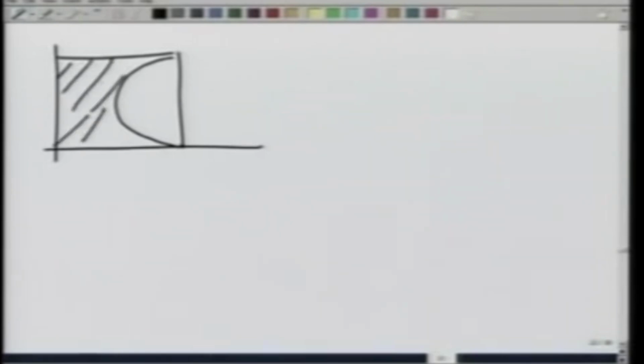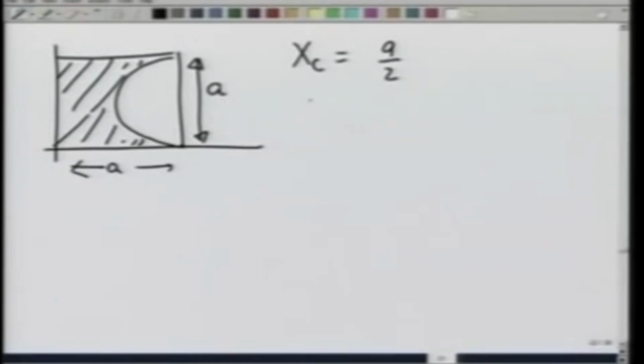We have already calculated that for a square xc is going to be a by 2, where a is its side. The radius of the semicircle is equal to a divided by 2, and I know from the base, we already calculated this, the centroid is at a distance of 4r divided by 3 pi.